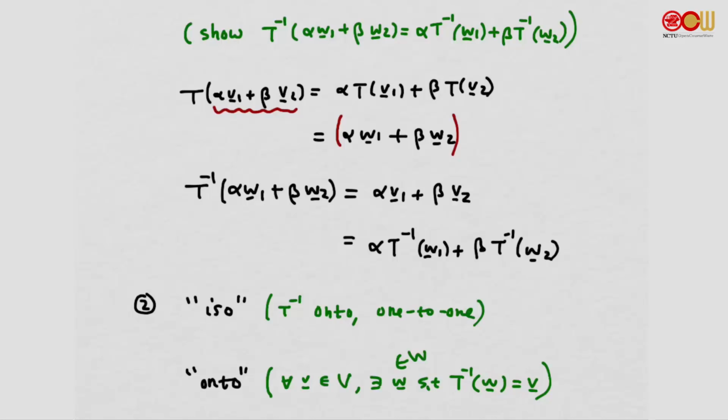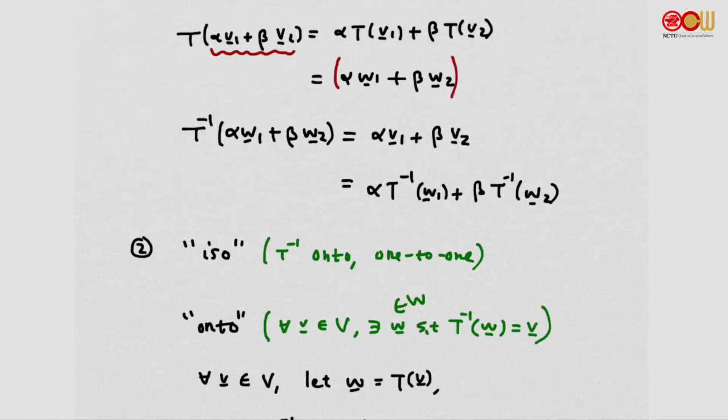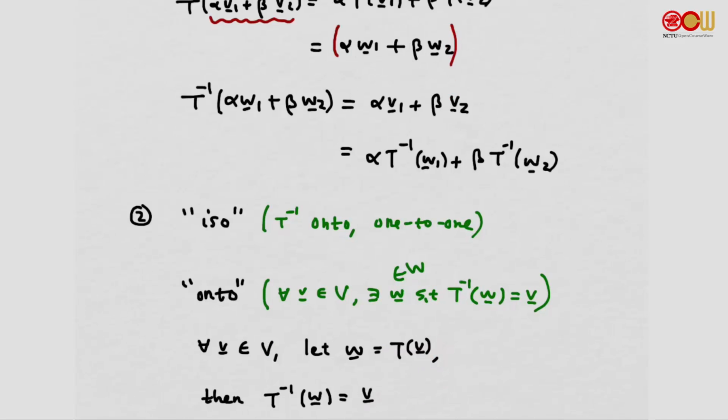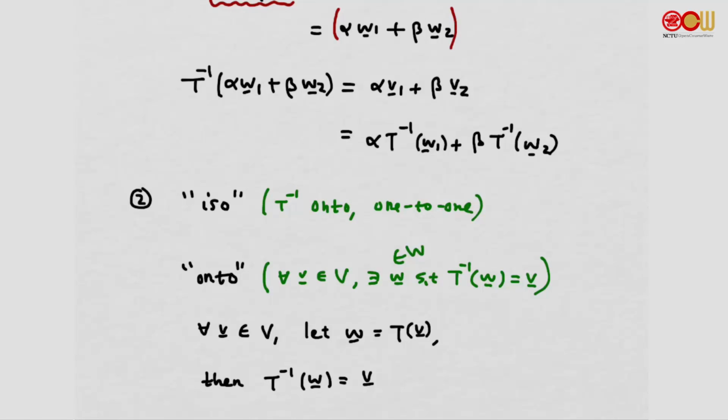Every vector in V is an image. That's what we need to show. So for every vector v in V, let's call w the image of v. Then the image of w under T inverse will be equal to v. So this v is indeed an image vector. So T inverse is indeed onto.